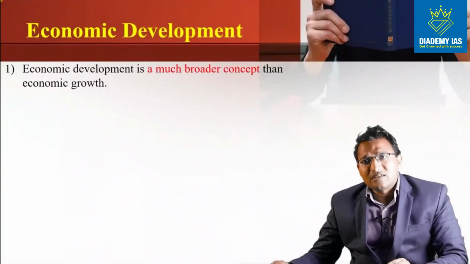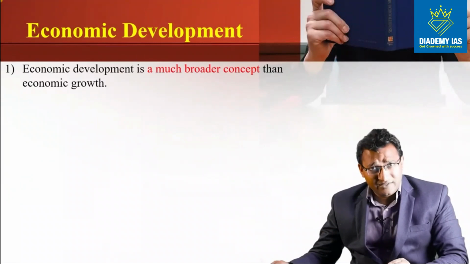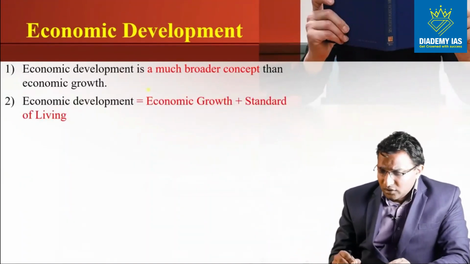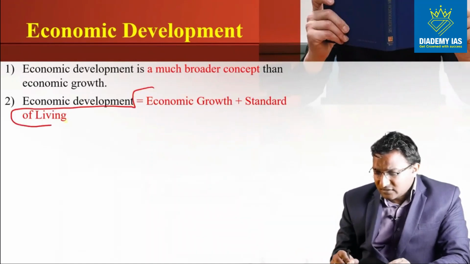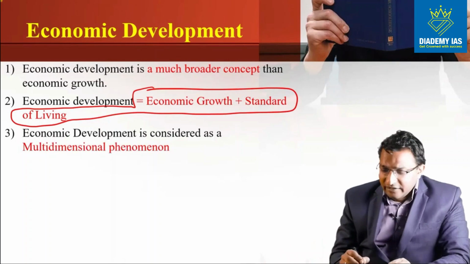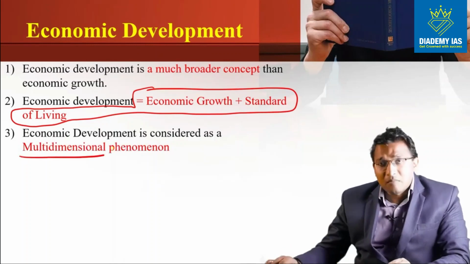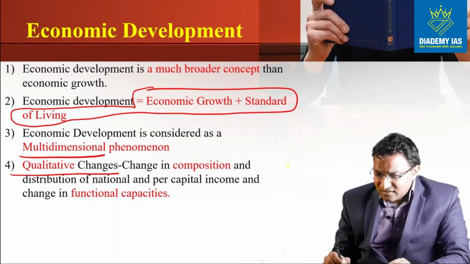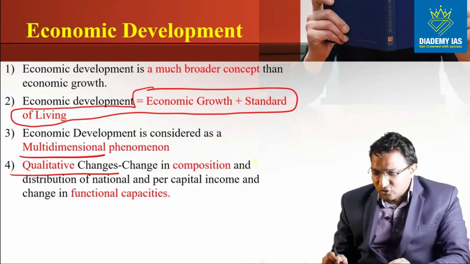Some things about economic development: it is much broader than economic growth, and economic development is equal to economic growth plus the standard of living, right? Can we say that? Yes, we can say that. Economic development is considered a multidimensional phenomenon. It talks about the qualitative changes in the composition and distribution of income.